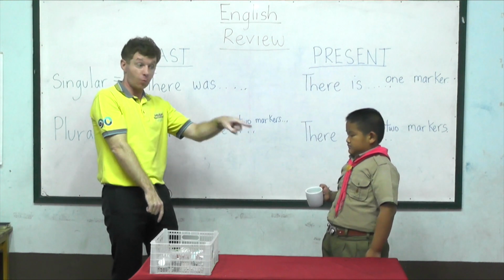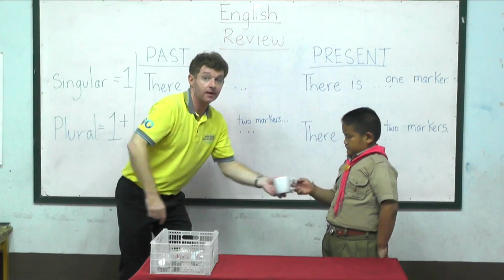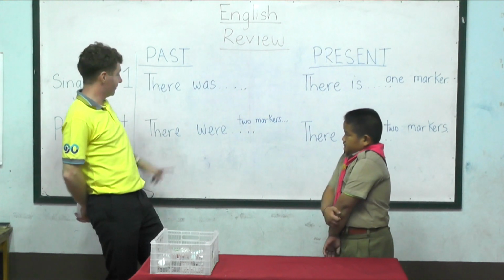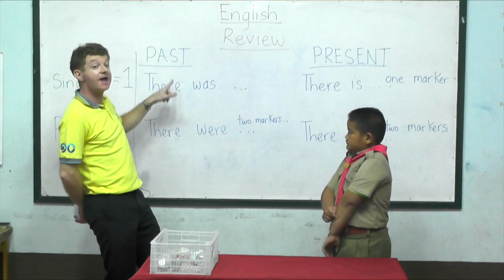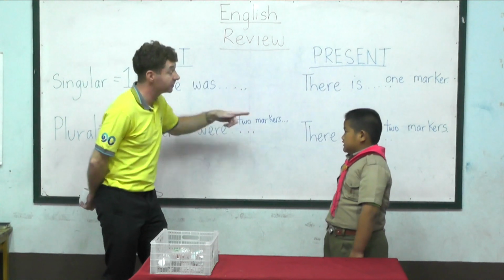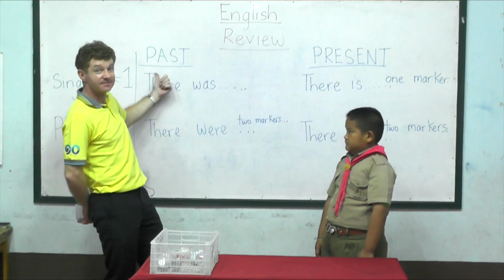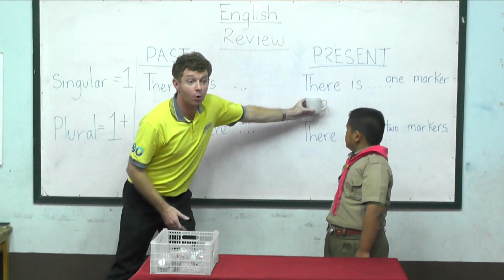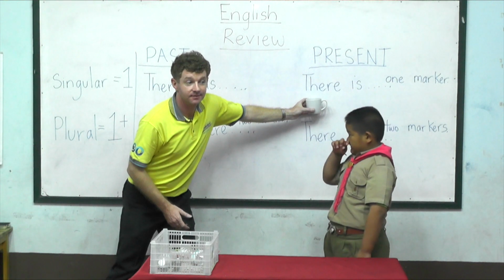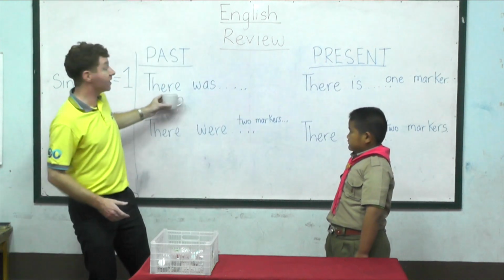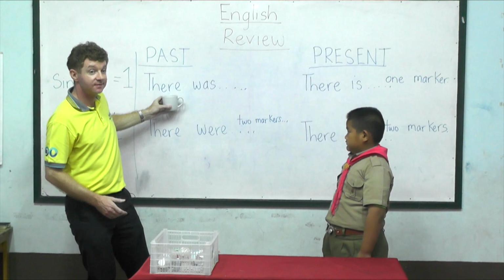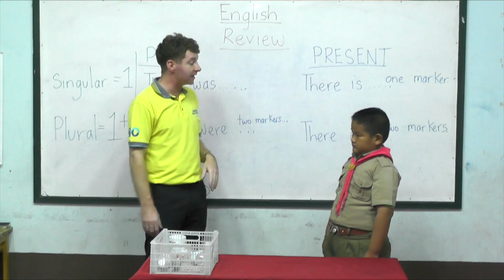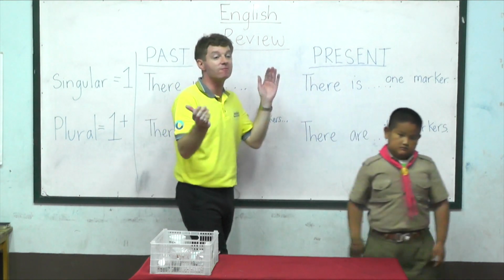But now, what do we say, guys? There was one cup. You see, because now, past tense, it's not there anymore. Single item, past and present tense. Net, that was great. High five, big round of applause for Net.